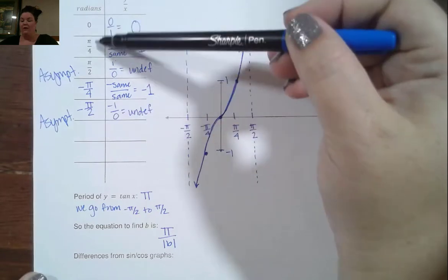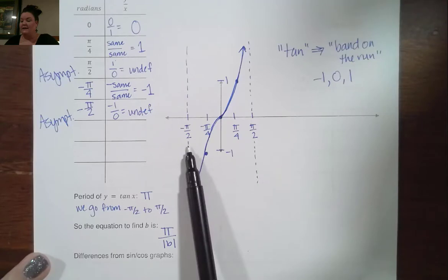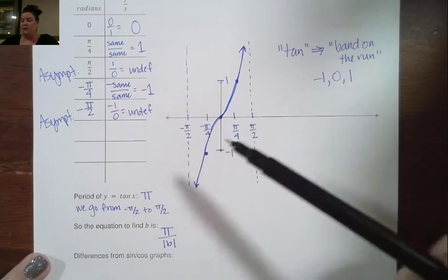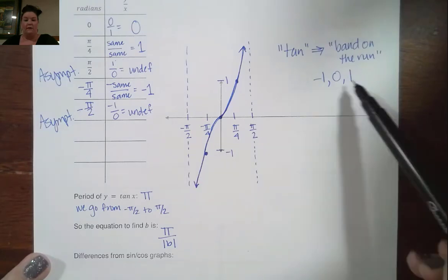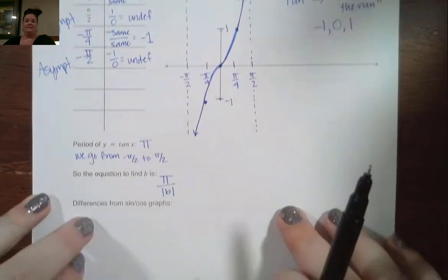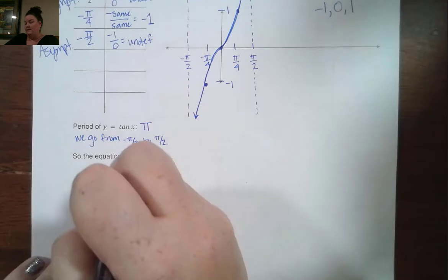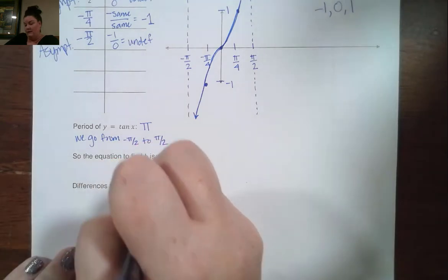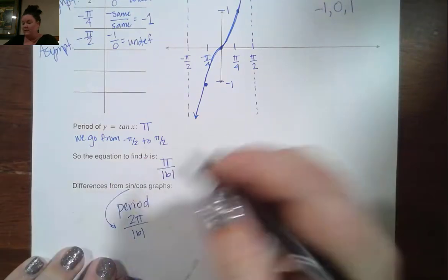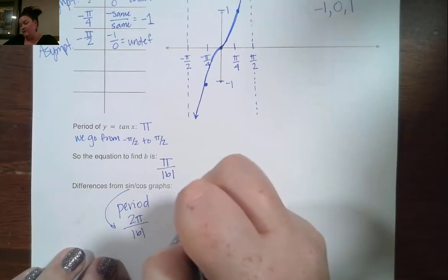Once we have all 5 points, we know that our first and last points are always going to be the asymptotes, and that the intermediate points is where we're going to plot our negative 1, 0, 1. The difference from sine and cosine graphs is that the period is 2 pi over the absolute value of b for sine and cosine, and for tangent, it's going to be pi over b.